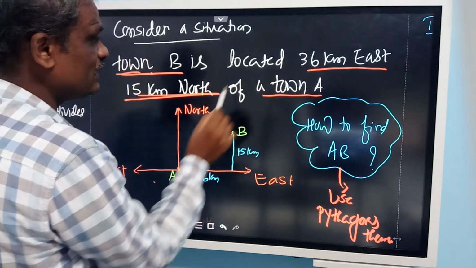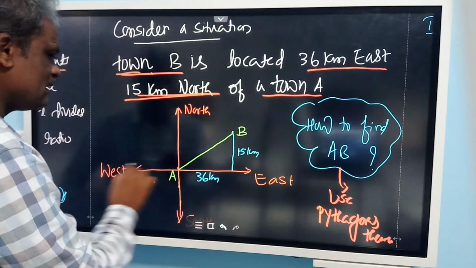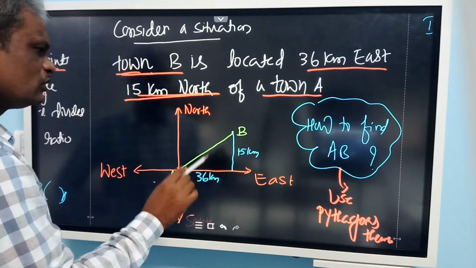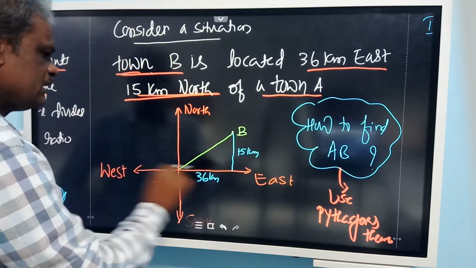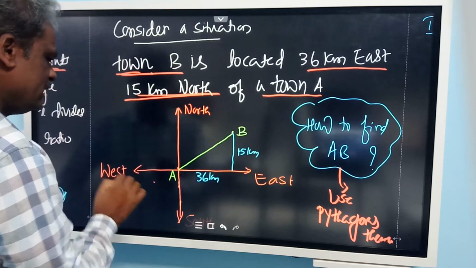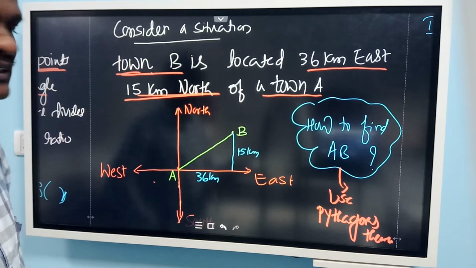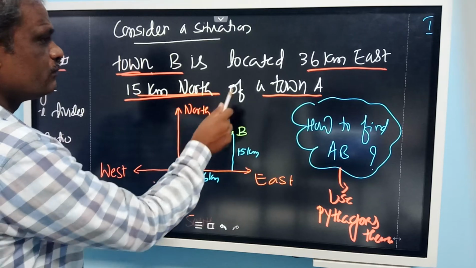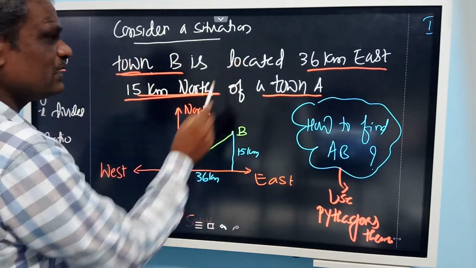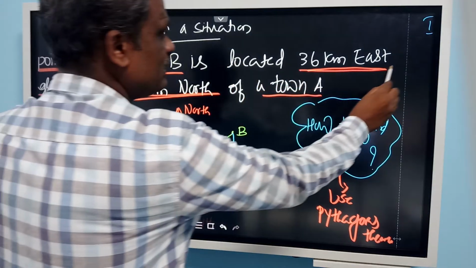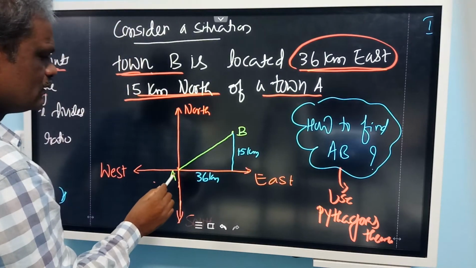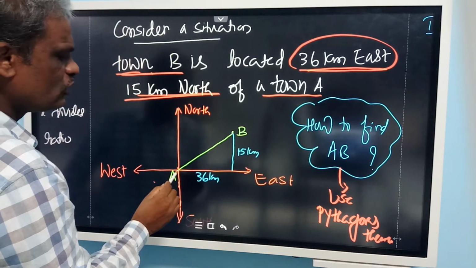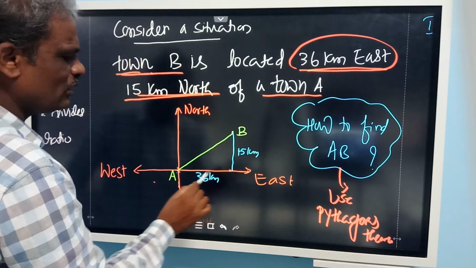Town B is located 36 km towards east. I have written north, east, south, west here. So this is east, north, west and south. Directions I mentioned. Town A is here. From town A, town B is located 36 km east. So from town A towards east I am going 36 km.